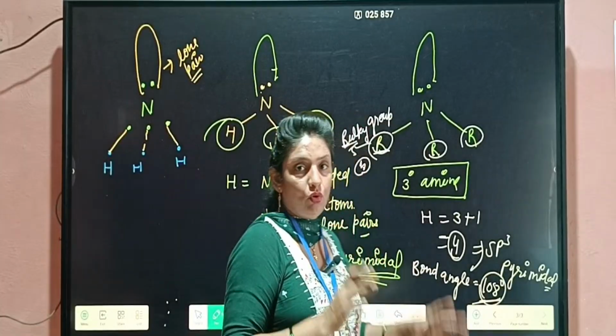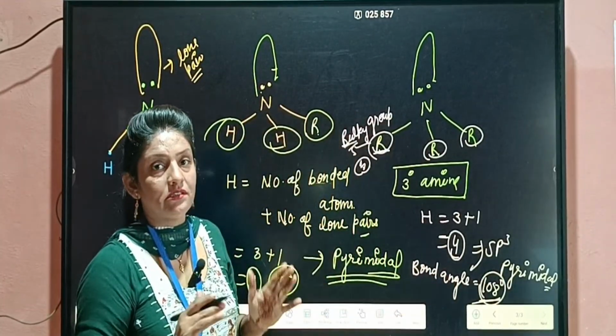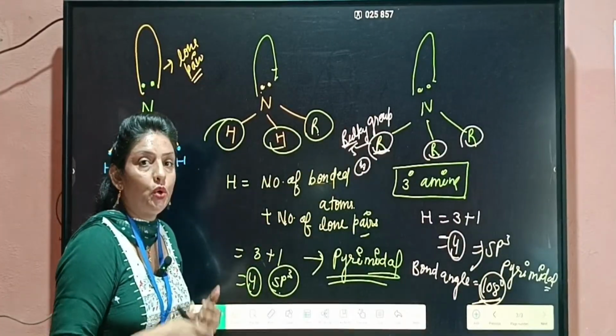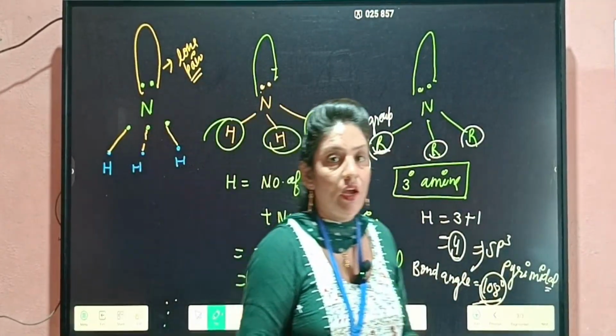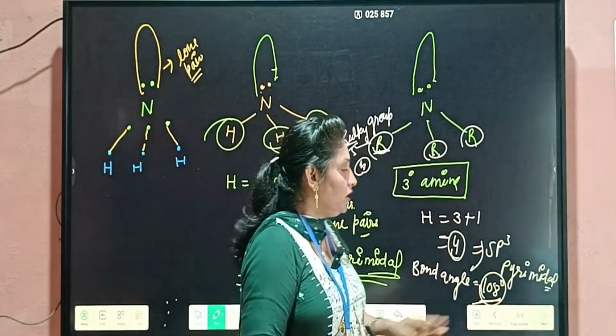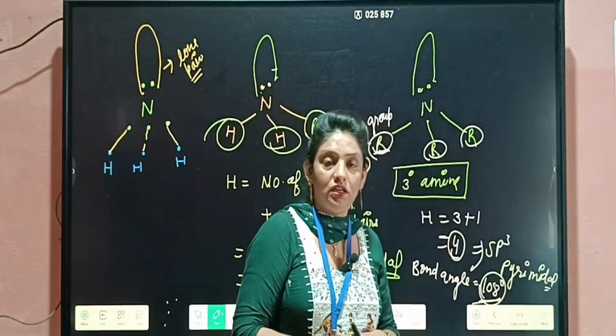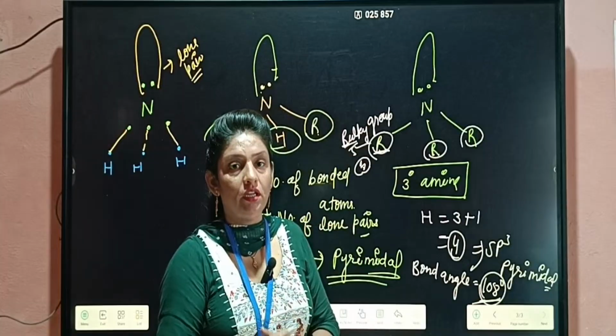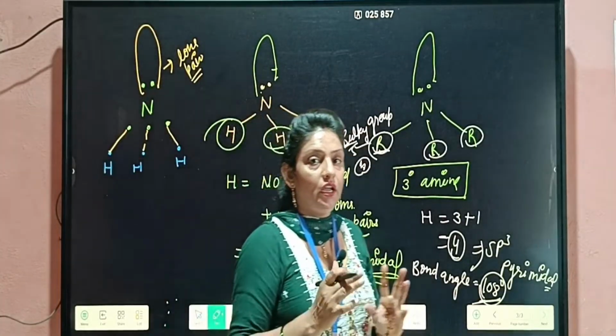Clear, students? So I hope the structure is clear to you. Amines, whether primary, secondary or tertiary, all have sp3 hybridization. Their structure is pyramidal and their angle is between 107 and 108. Tertiary amines have 108 degrees.